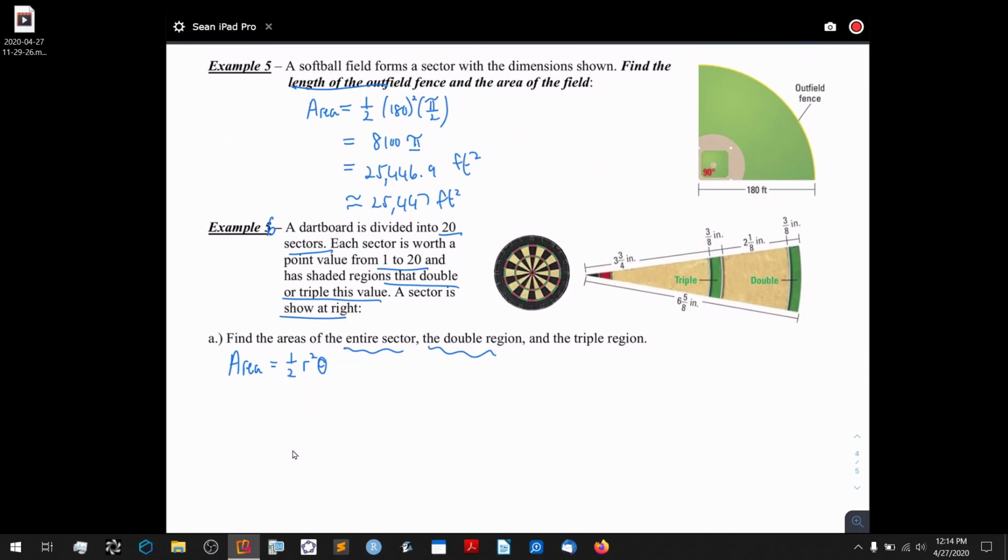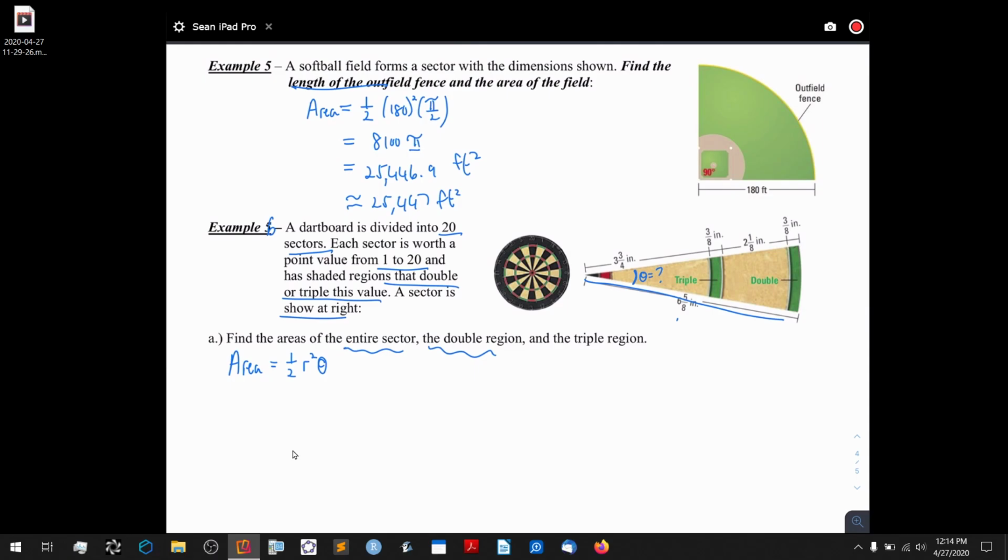So how do I find that? Well, I need to know this central angle, the theta, and I need to know the radius of the whole sector. But that's okay, they gave me the radius. So you just convert that to maybe a proper fraction, but we have to find the central angle.